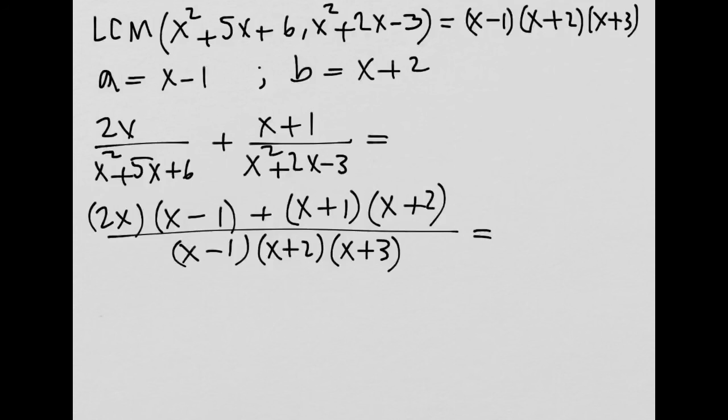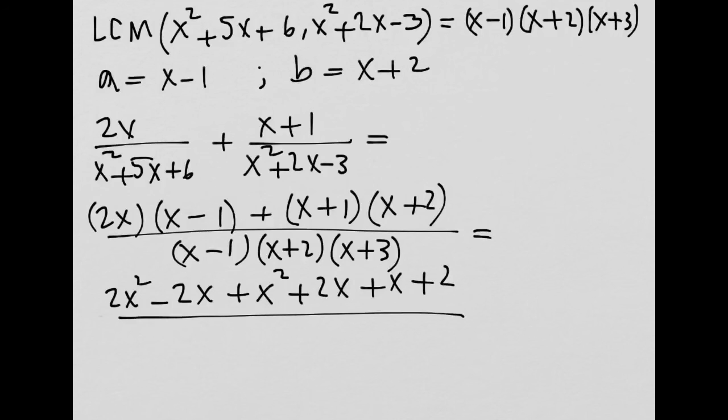Let's expand the numerator. 2x times x is 2x squared. 2x times minus 1 is minus 2x. x times x is x squared. x times 2 is 2x. 1 times x is x. And 1 times 2 is 2. All divided by x minus 1, x plus 2, x plus 3.